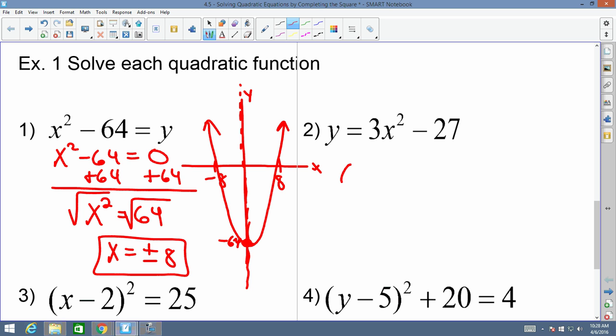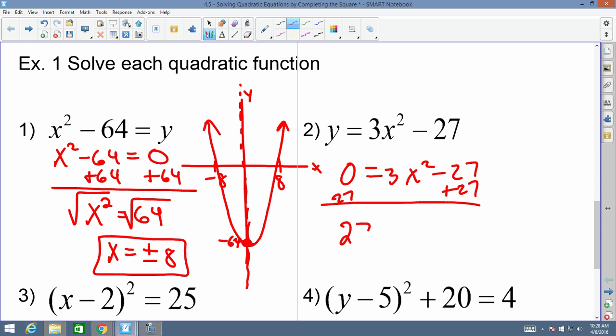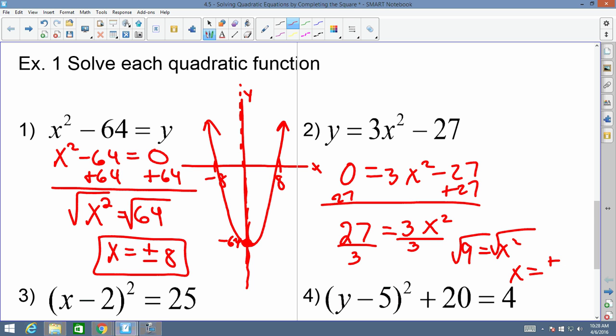I'm going to set that y equal to 0, and that equals 3x squared minus 27. I'm going to add 27 to both sides. 27 equals 3x squared. I'm going to divide by 3 on both sides. 9 equals x squared. I'm going to square root both sides. x equals plus or minus 3.